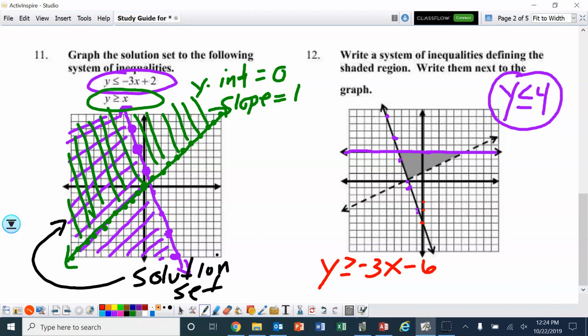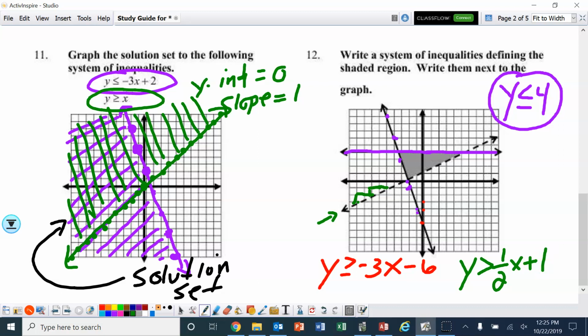Okay, and now the dashed line. So looking at the dashed line. All right, so y, again, it's shaded above, but it's dashed, so it's just greater than. The slope, let's see, if I start over here, it looks like it's going up 1 over 2, so 1 over 2x, and then the y-intercept is 1, so plus 1.